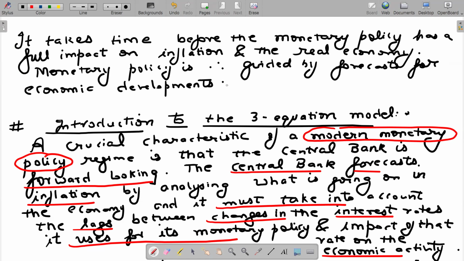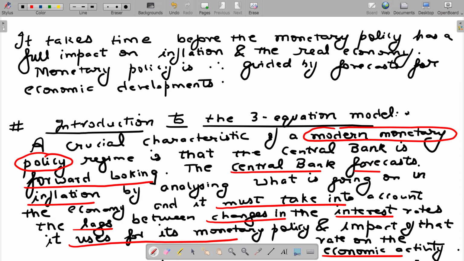Okay, so now let us see what are the three important things the central bank should know. When the central bank is going to decide about the monetary policy, what are the three questions the central bank has to answer before designing its monetary policy?